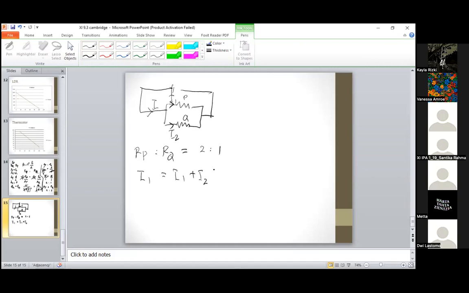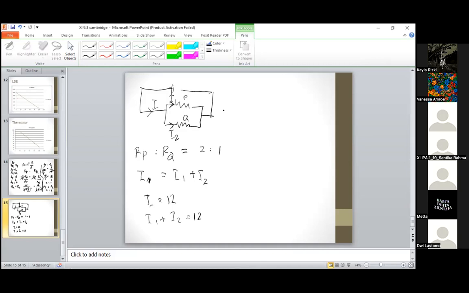For example, if I is 12, then I1 plus I2 will be 12. So what about the values of I1 and I2? It depends on the value of the resistance.